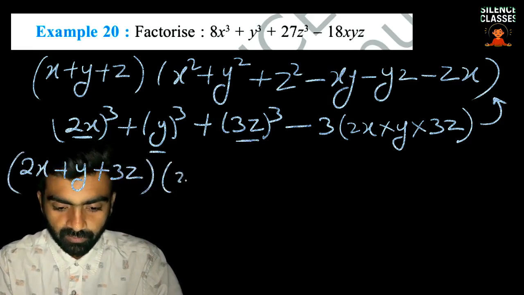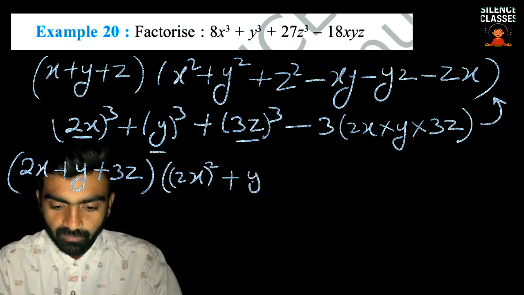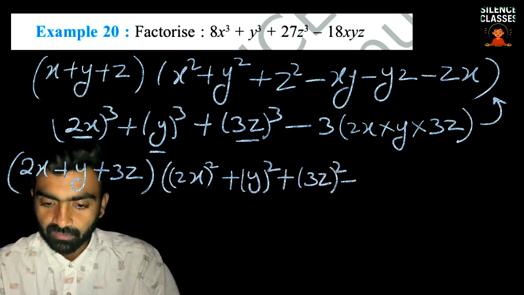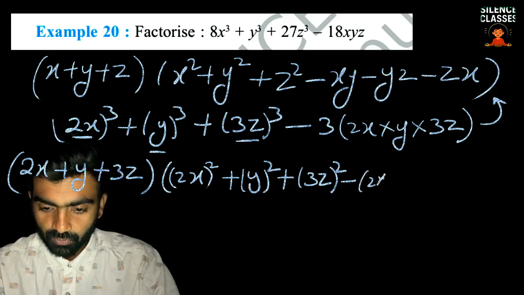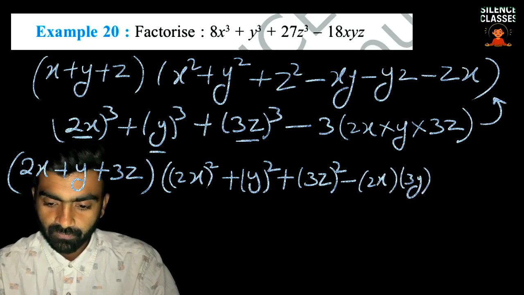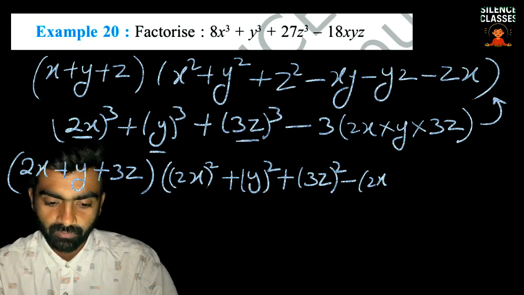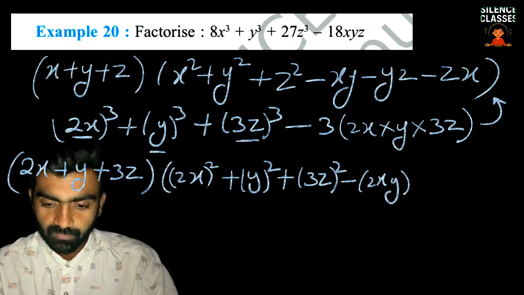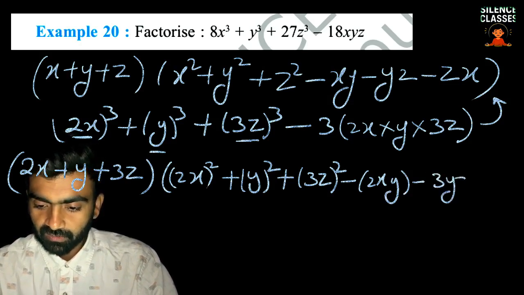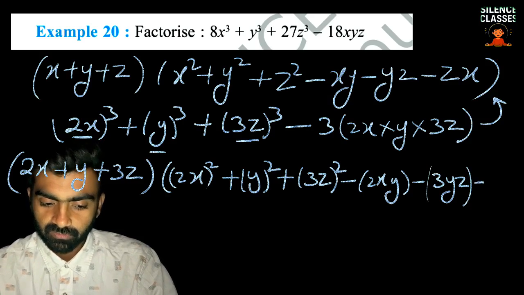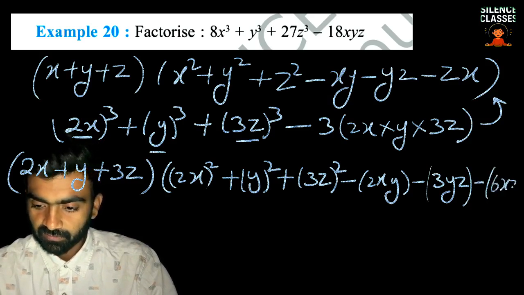We got x square means 2x whole square, plus y square, plus z square, means 3z whole square, minus xy, means 2x times y, or we can directly put it in the form of x and y, means 2xy, minus yz means y times 3z, means 3yz, and minus zx means 3 times 2 is 6, so we will get 6xz.